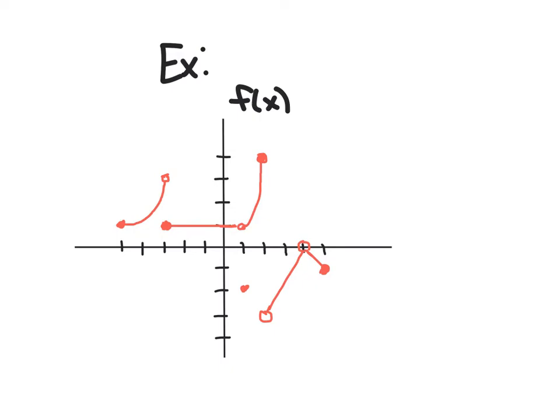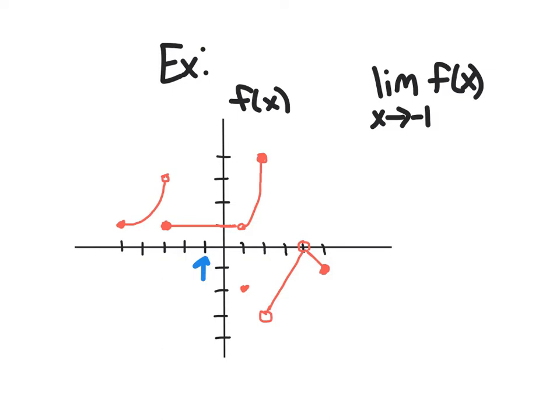So let's talk about limits a little bit, just to try to get the hang of what we're really talking about. The first one I want to look at is the limit as x approaches -1 of f of x. We're going to assume all of these are distance 1 here on the graph. So we're zooming in, here's x equals -1, and we're really looking at this area of the graph.